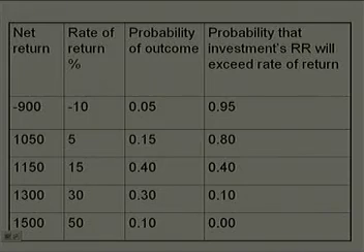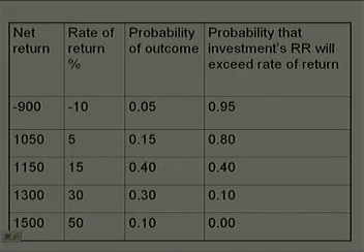And finally, you can make $1,500 also, post tax return on an investment of $1,000. That means there is a chance of making 50% return, and the corresponding probability is 0.10. So these values are given to us.